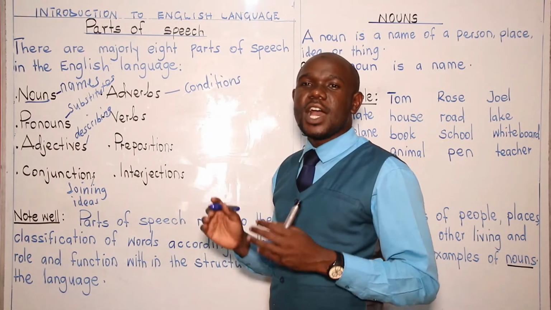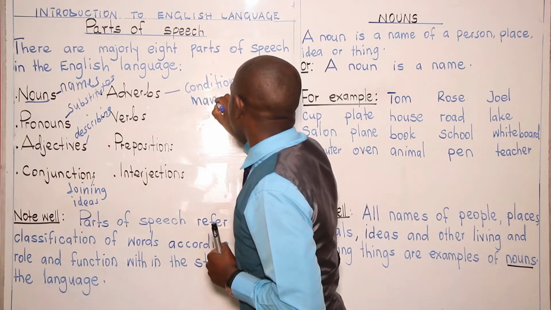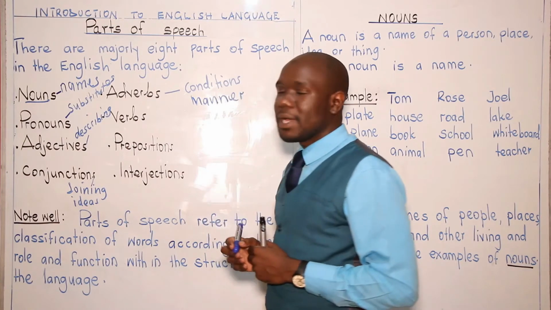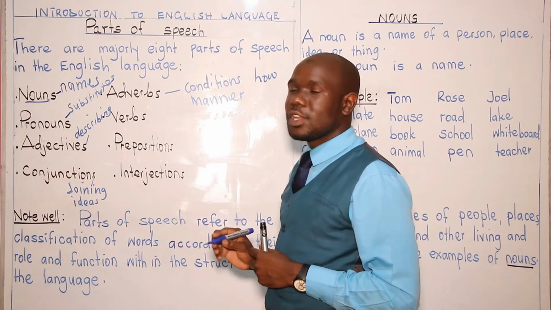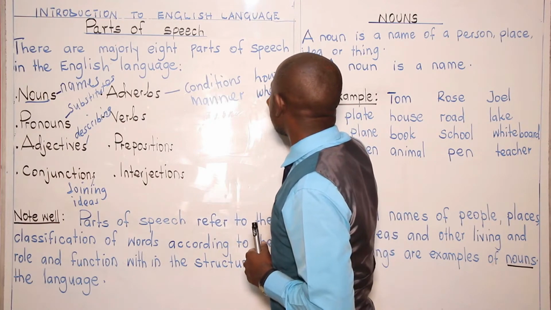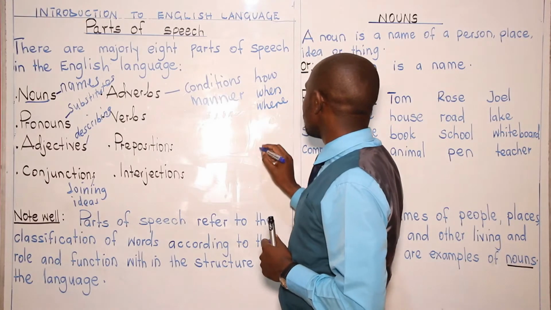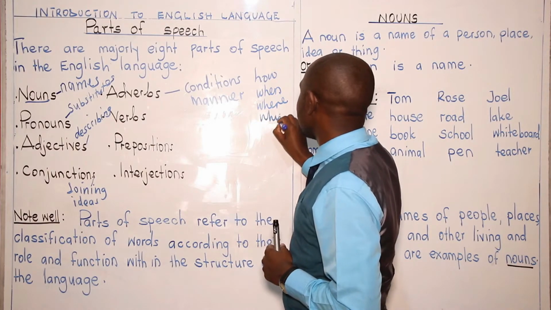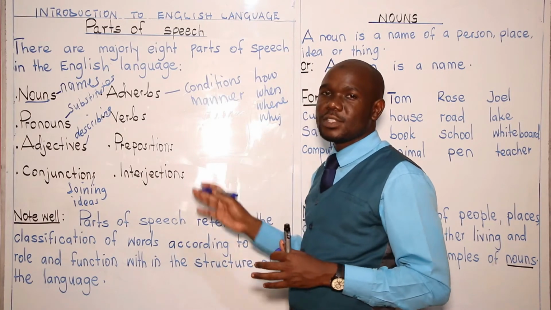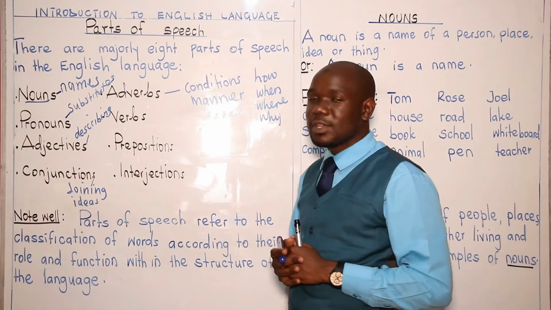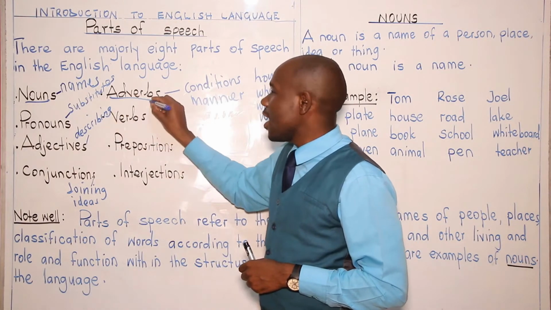Shall be talking about how something is done. Here we majorly talk about manner. Manner meaning how, answering the question how, answering the question when, answering the question where, answering the question why. So we say the words that give us answers of how something was done, when something was done, where something was done, we refer to them as adverbs.